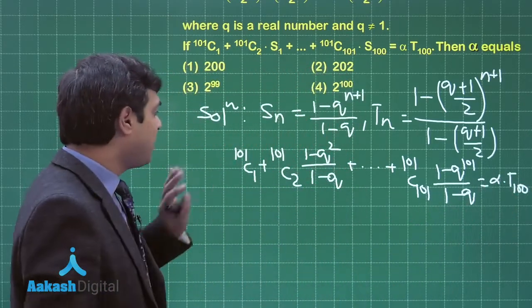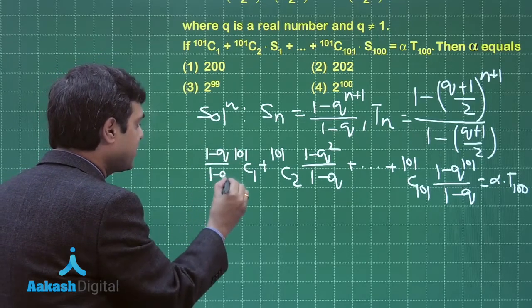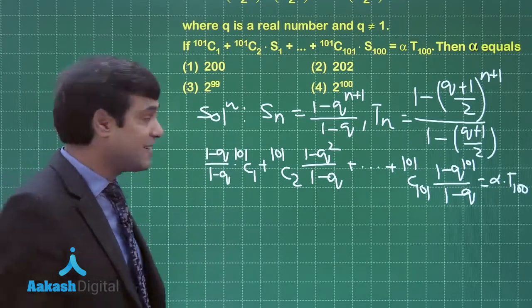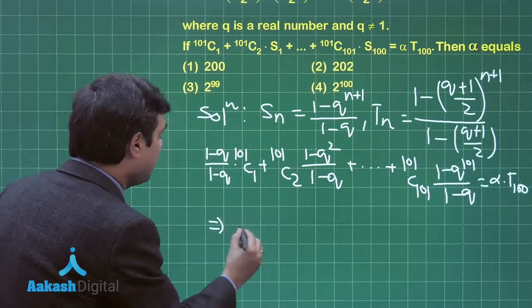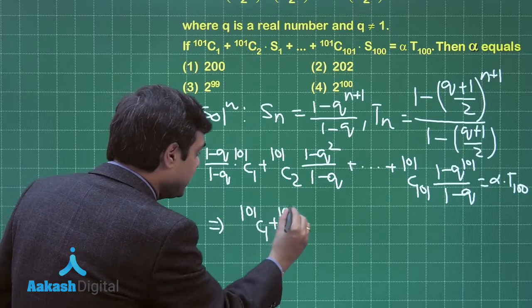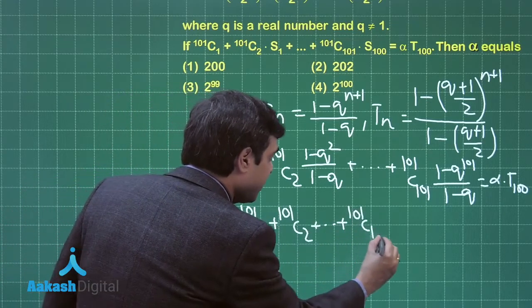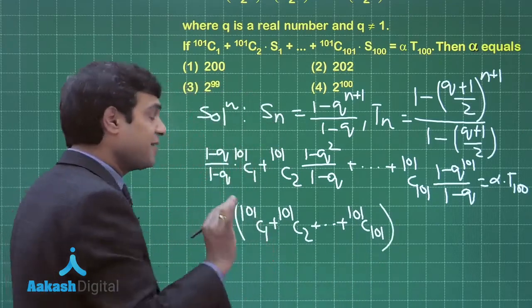Right. The first term I can consider as multiplied with 1 minus q and divided by 1 minus q, so that I can separate it as simply 101C1 plus 101C2 and so on up to 101C101. This is clear.